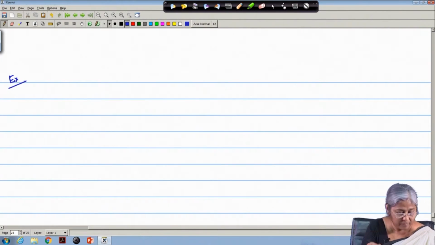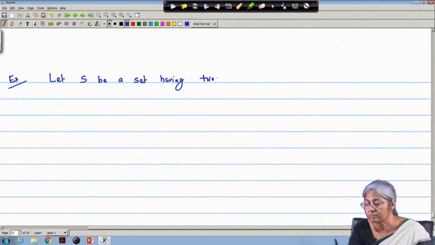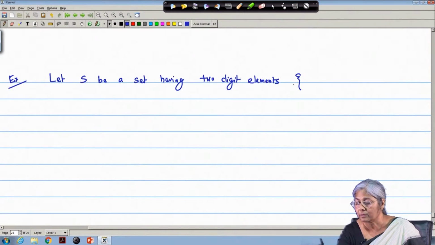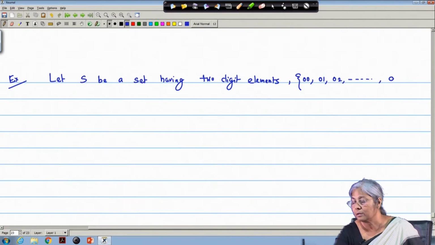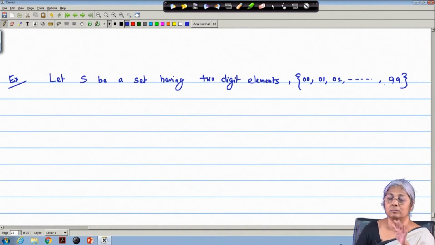Let S be a set having 2-digit elements, that means 00, 01, 02, in this way up to 99. Although 00 is 0 and 01 is 1, just for symmetry we are writing this way.